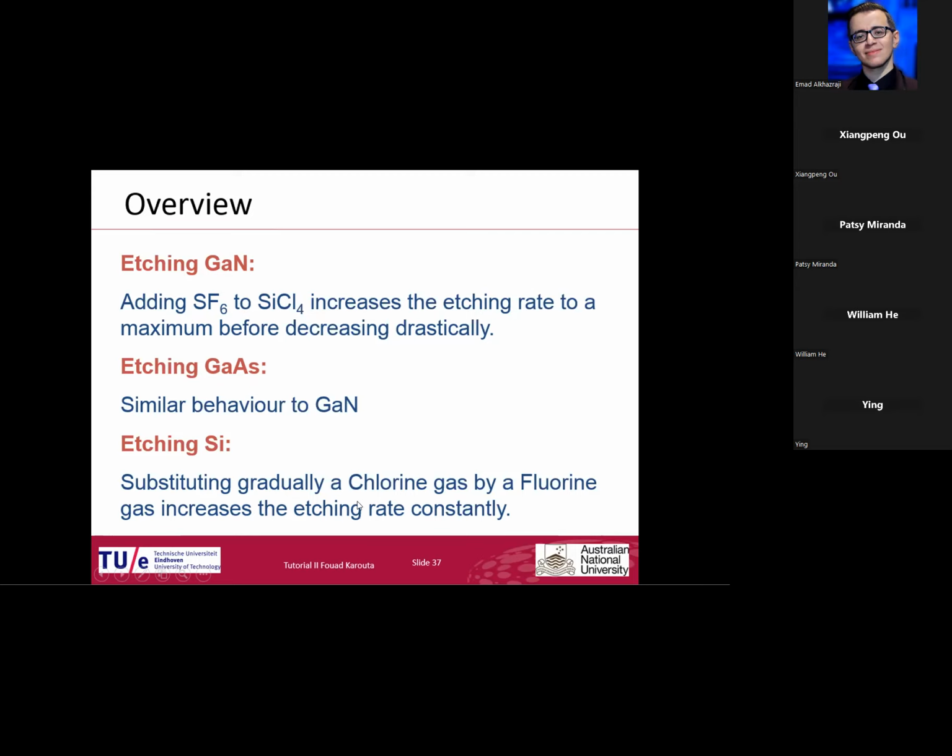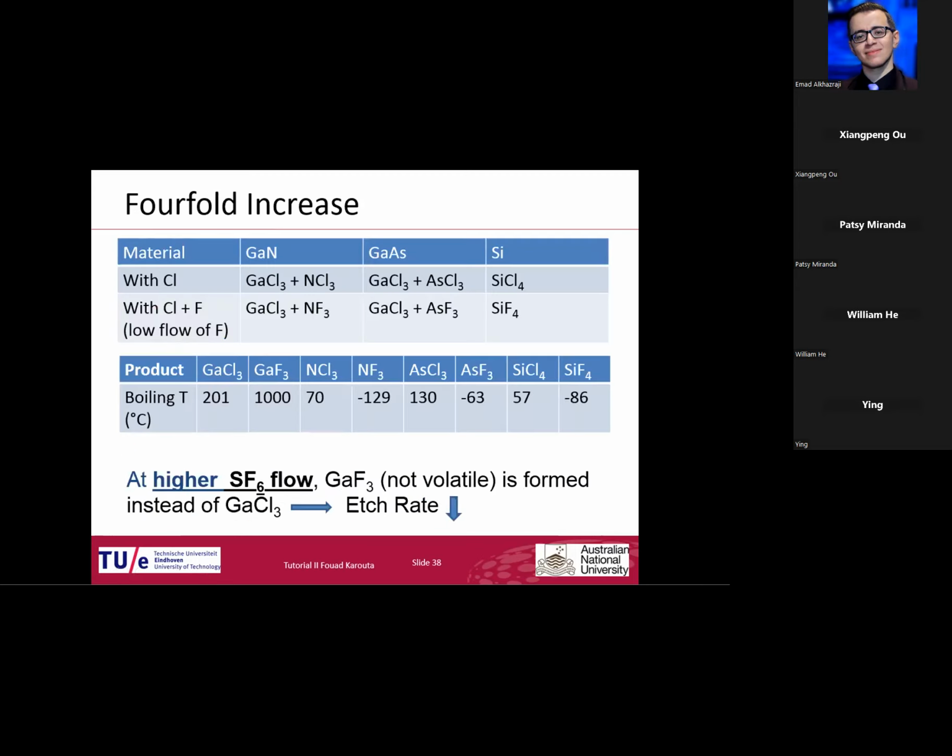In silicon, you continue increasing the etching rate. So I looked at a factor, what we call the boiling point of the product, and you see that the NF3, in case of gallium nitride, has a very low boiling point compared to nitrogen trichloride.